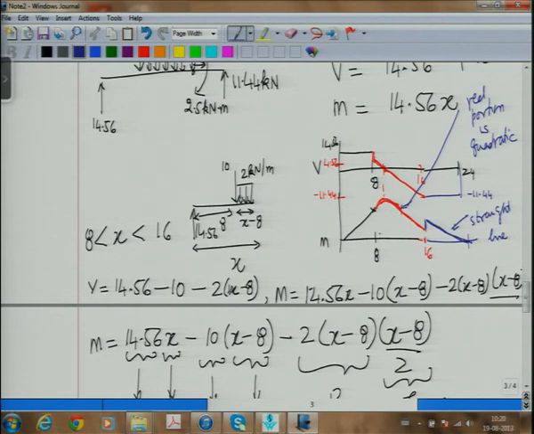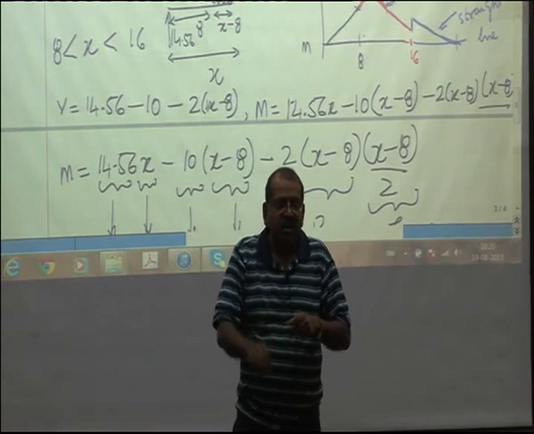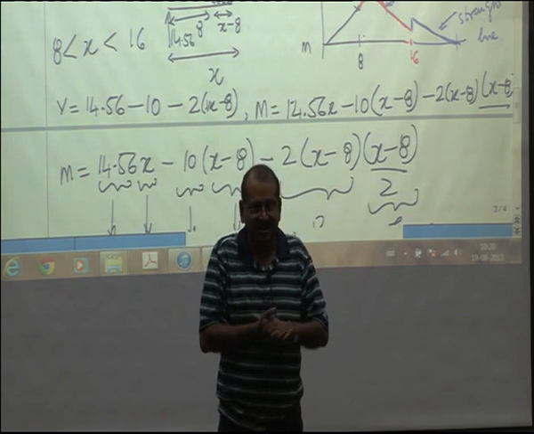Okay, so this is how we draw the shear force and bending moment diagrams. This example which I took illustrated 2 or 3 points. One thing I told you was how to take care of forces acting at an offset. If the part is welded, then you will also get a moment. If there is a joint only, you will not get a moment, you will only get reactions.